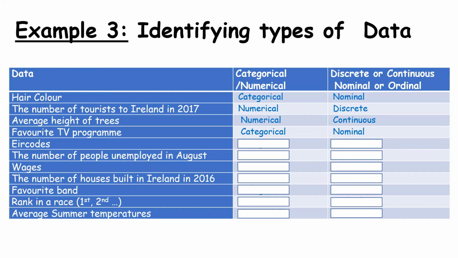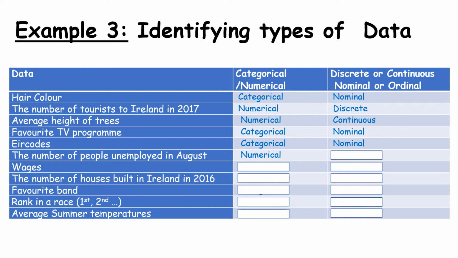Air codes. Now, this is a tricky one because it does have numbers, but also letters. So it's actually categorical. Is there an order to them? And actually, no, there is no order. I think in some countries we do have more of an order, but for us, I think they're quite random in how they're put there. So it's nominal. The number of people unemployed in August.